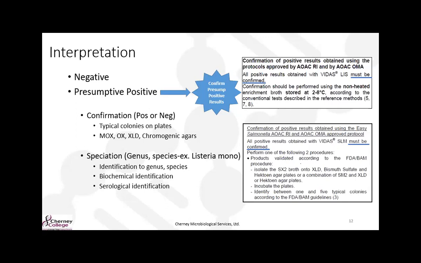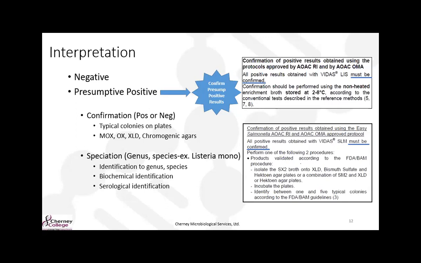So a confirmation will result in either a positive or a negative. And what we'll do is we'll plate those on agars, either MOX, OX, XLD, or other chromogenic agars. And we're going to say, yes, typical colonies of either Salmonella or Listeria are present here, and we'll say it's positive. Or we could also say, we don't see any typical colonies here and call that confirmation negative.